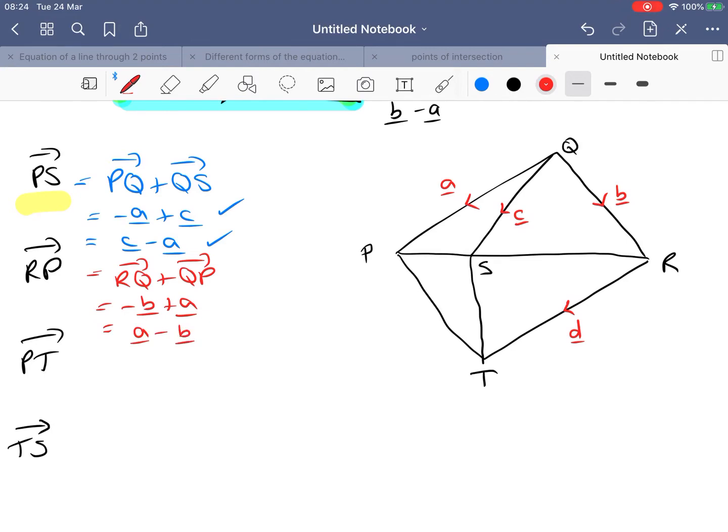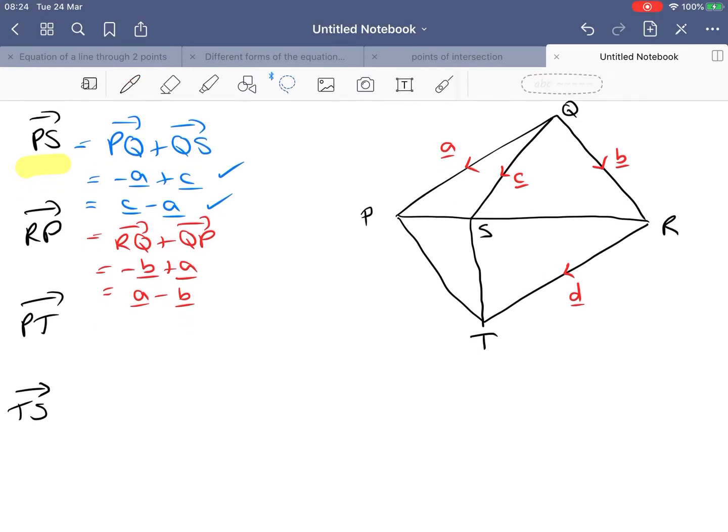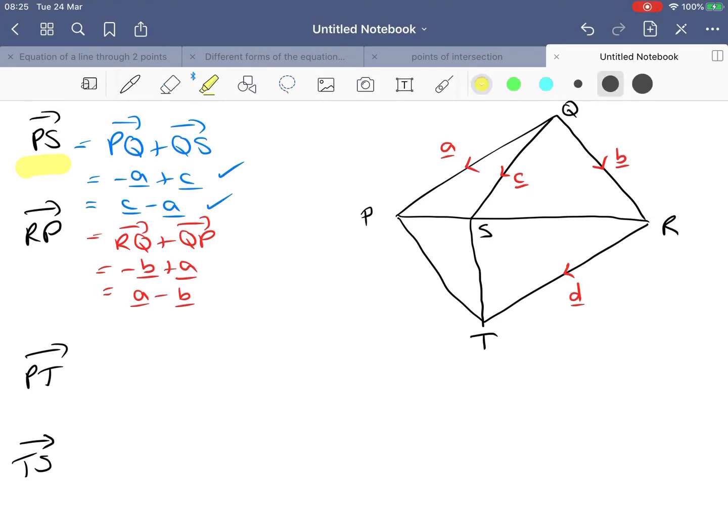Right, next one. So let's try and move this down a bit because I'm getting a bit cramped here. Oops, I've lost my T. There we go. So, PT. Where do I need to go? I need to go from here to here. Can't do the direct route.